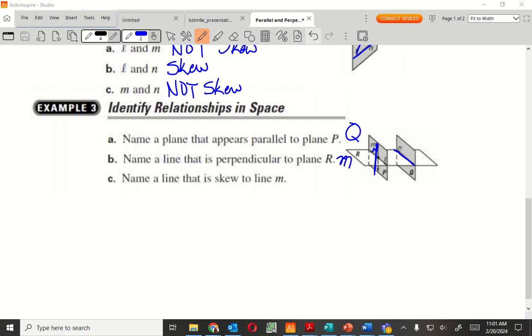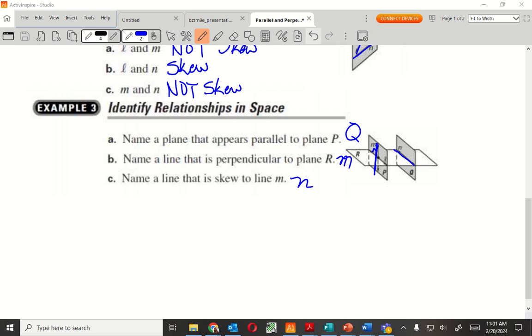It can't be parallel to it. So I couldn't say another line going up and down. I'd have to say a line going in this direction. So line N is going to be skewed. Wow, that's super easy. A lot of vocabulary, a lot of different type of stuff.